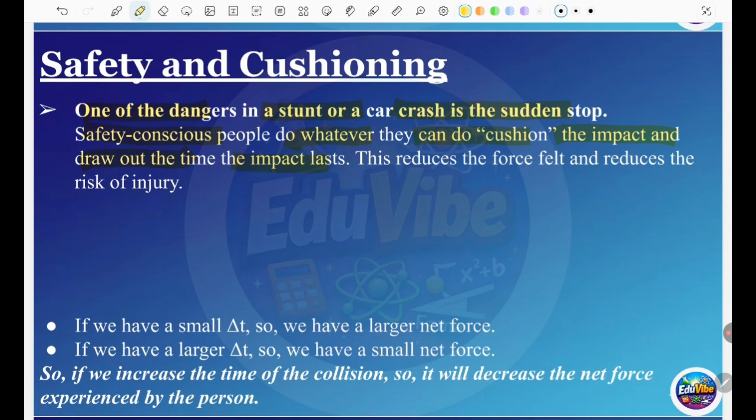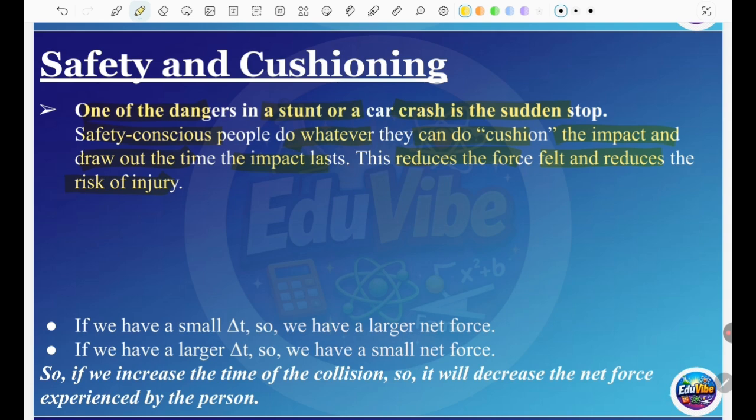You know that in cars there is an airbag. When there is a sudden stop, the airbags open, acting like a cushion for the safety of living things like humans, and it reduces the force felt and reduces the risk of injury too.